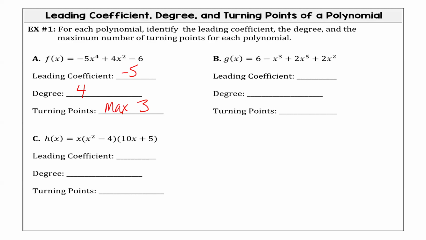Are we cool? On B, you're going to do the same. On C, I need you to practice distributing and then doing the same. Got it? All right, go. I'll be walking around if you need me. On C, you're going to have to distribute.